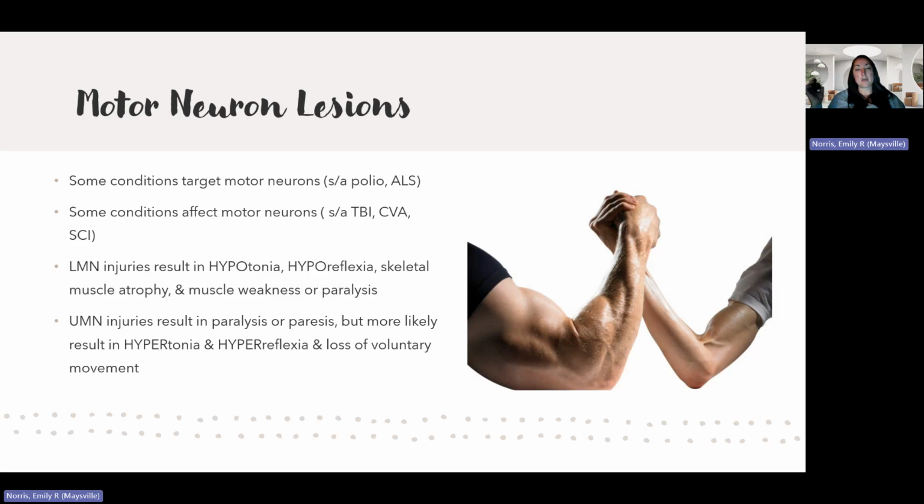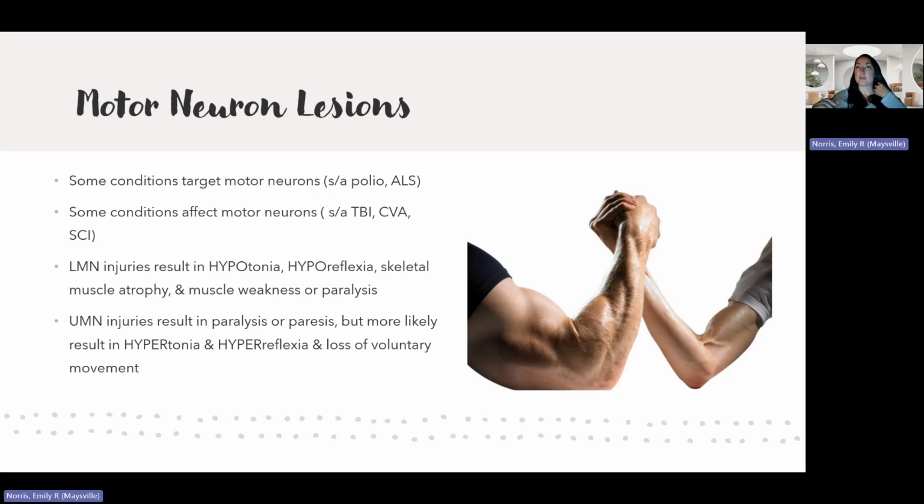If the upper motor neurons are damaged but the lower are intact, then the patient could have some type of reflex muscle contraction. Sometimes that'll happen with a spinal cord injury where the upper motor neuron is damaged and they've lost bowel or bladder function.